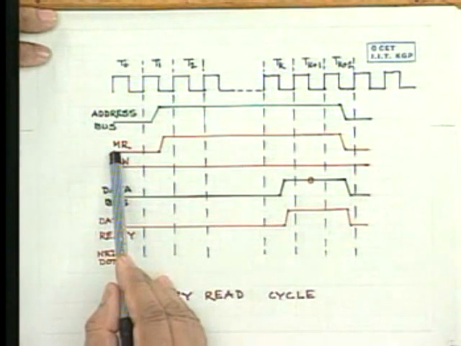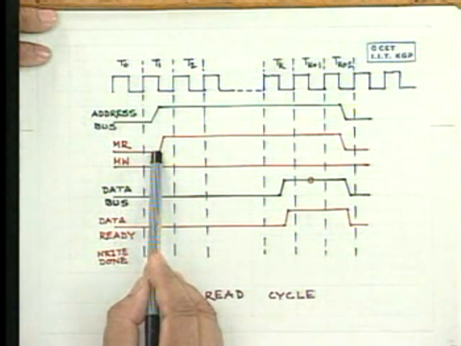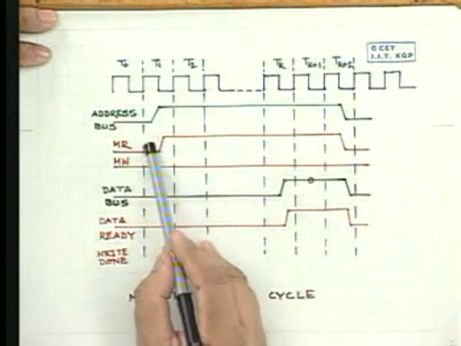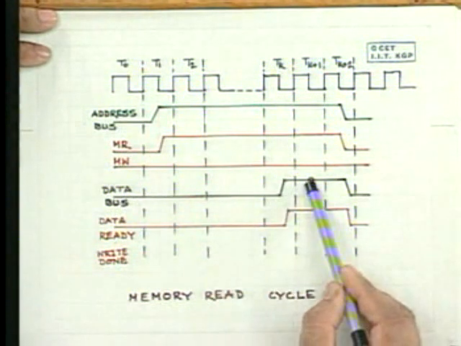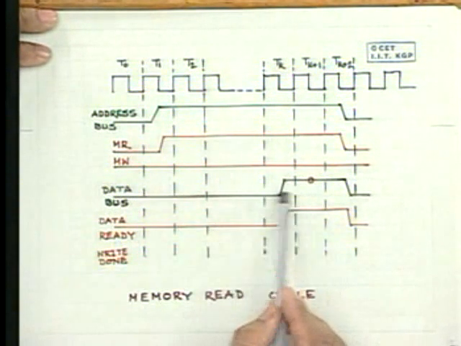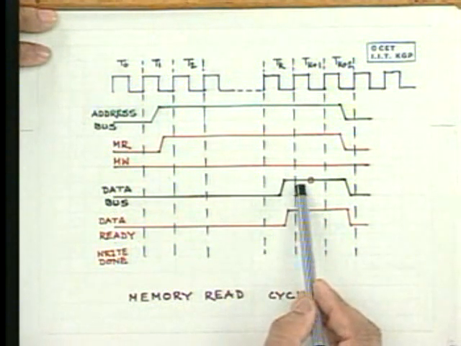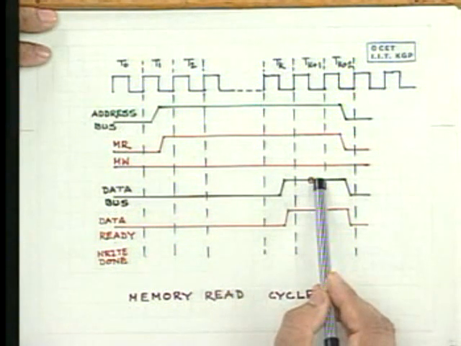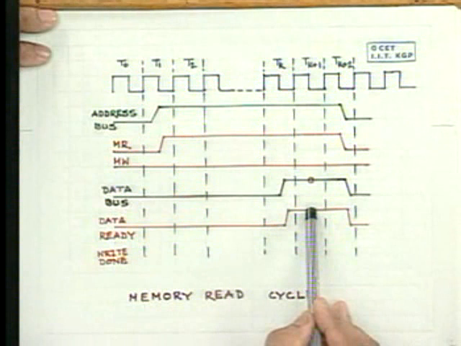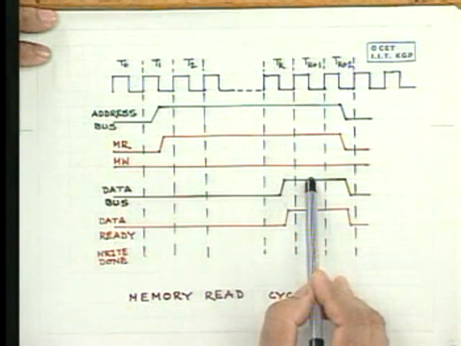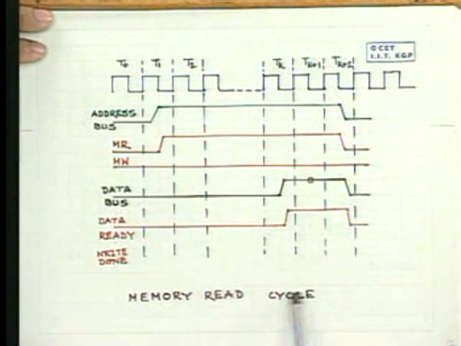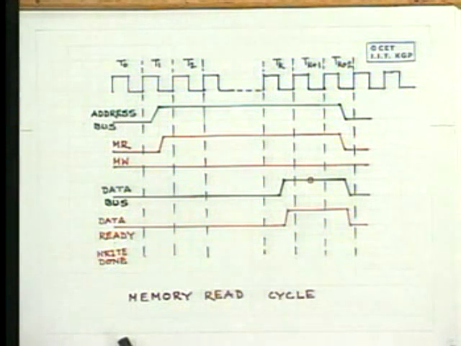In the case of a memory read, it asserts the memory read, but memory write is not asserted. On getting that memory read, the memory puts the data on the data bus. There is some delay naturally involved. The memory has to take some time to put the data on the data bus. Then at the same time, it says data ready. On getting data ready, the CPU takes the data from the data bus, say at the time instant Tk plus 1.